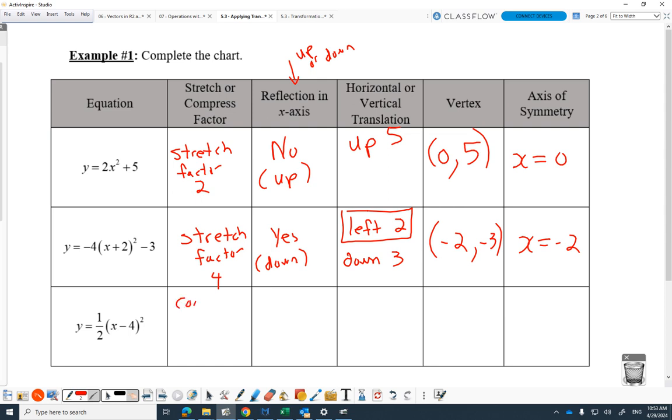Compress. Factor 1/2. Because when you multiply by 1/2, that makes things smaller. So hopefully that a value makes a little more sense now. When it's a multiple that makes things bigger, we stretch it. When it's a multiple that makes things smaller, that's a compress.